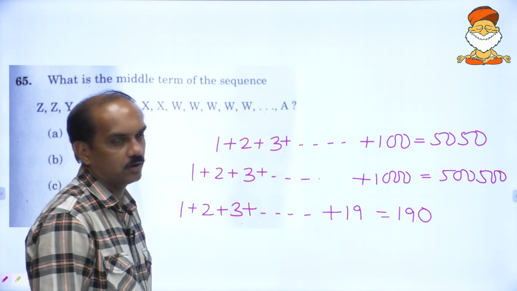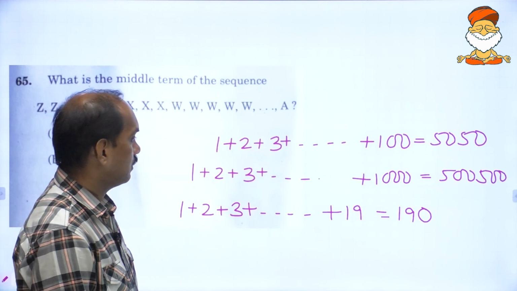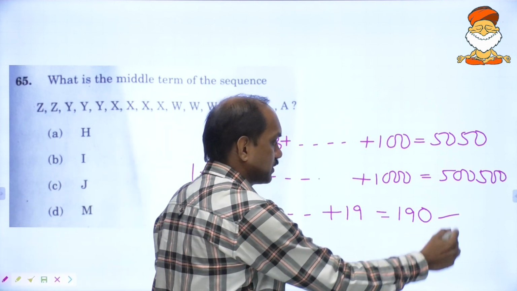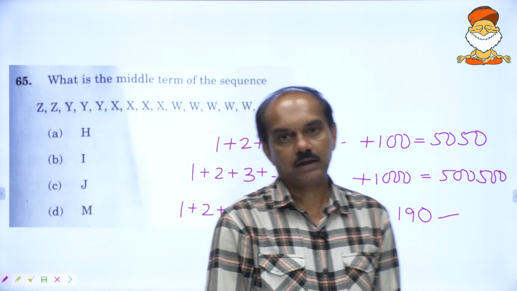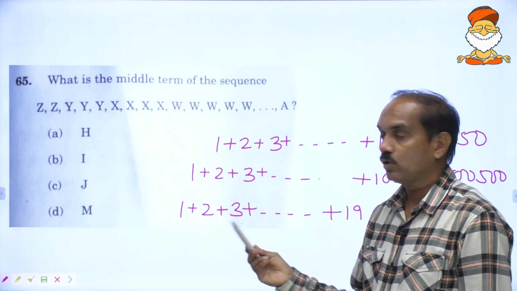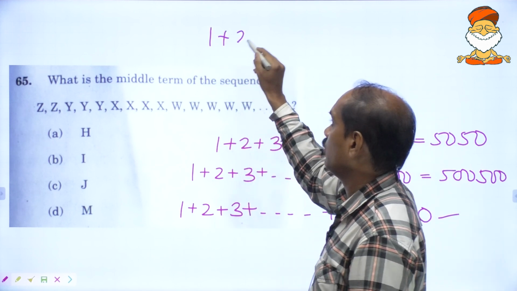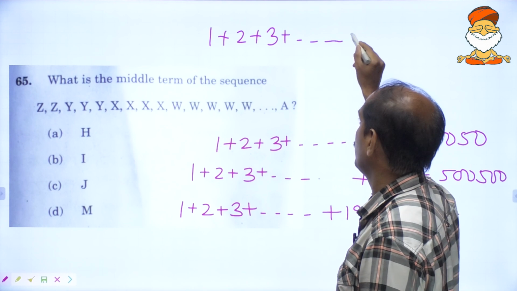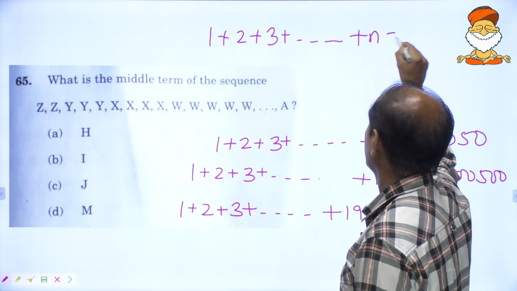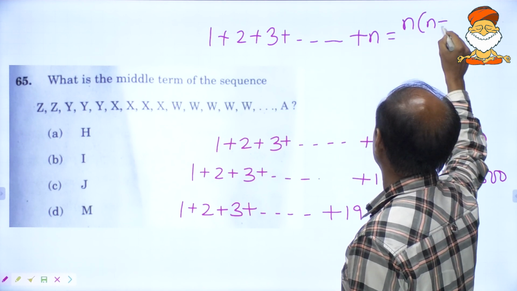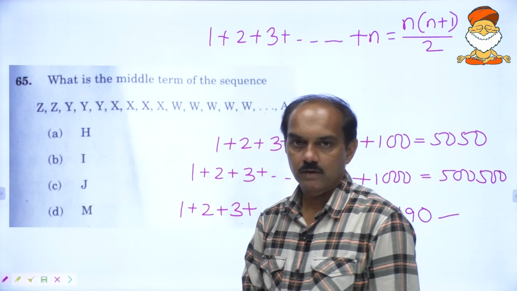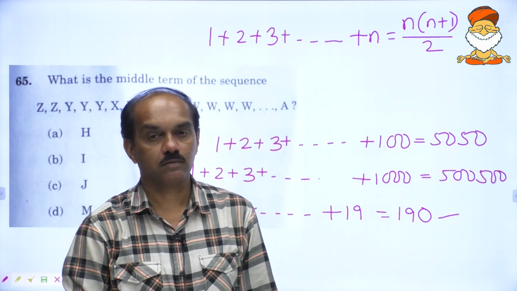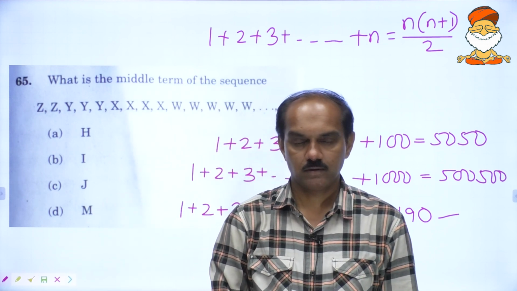It is better you remember all these three results, and questions have been asked many a time on this. Easy to remember, don't use this formula every time. You can avoid using the formula. This is the formula to be used to find out the sum of the natural numbers.